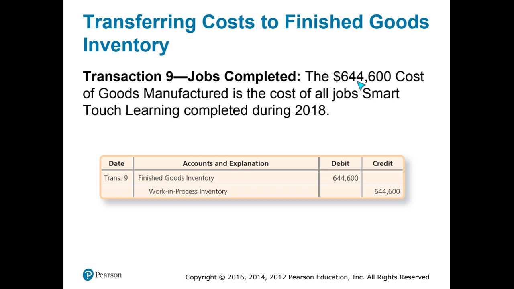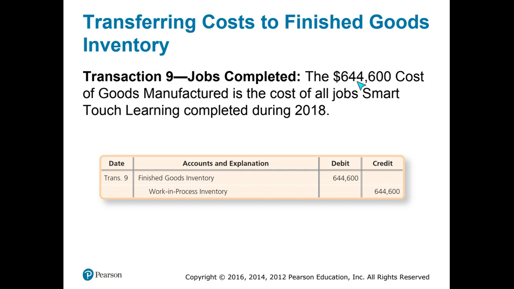Transaction 9. On page 885, the $644,600 cost of goods manufactured is the cost of all the jobs that Smart Touch Learning completed during 2018. Normally the entry would be made as each individual job is completed, but we are showing it as one summary journal.